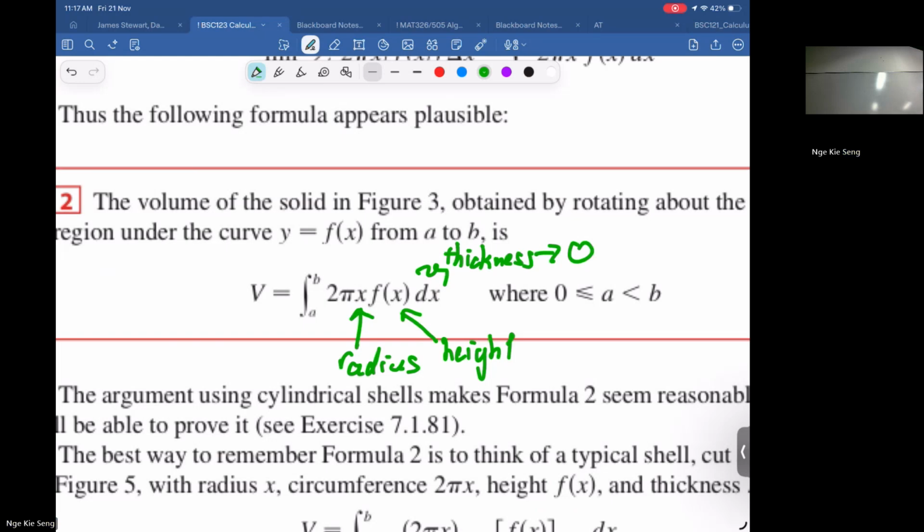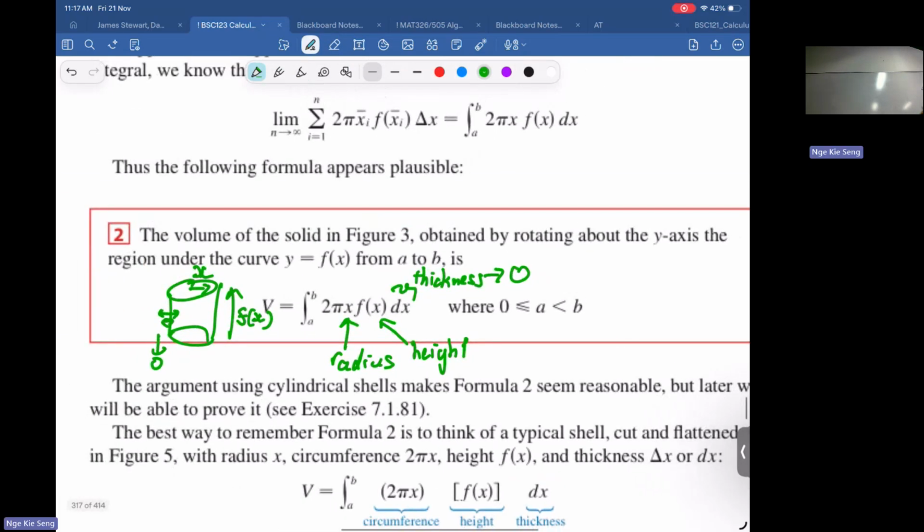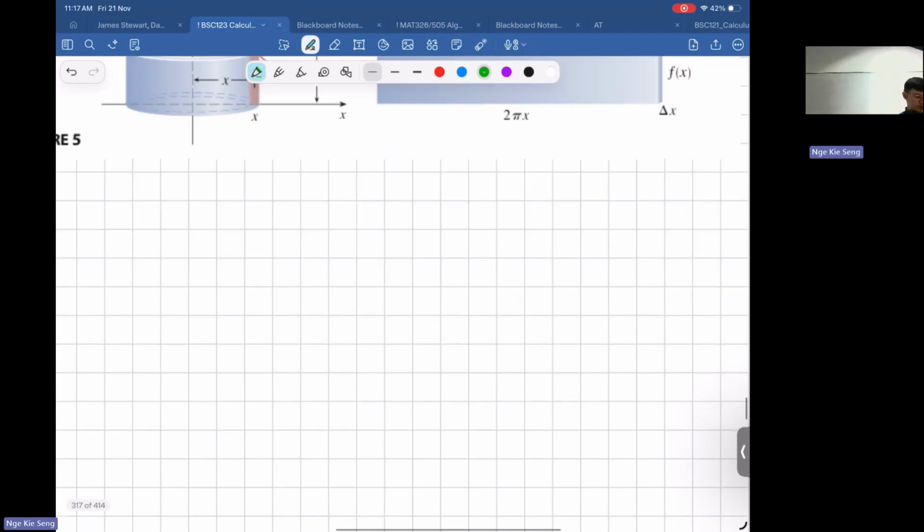So the radius is controlled by x, f(x) is the height, and the thickness you will take to 0. This is rotating about the x-axis; you can also rotate about the y-axis.